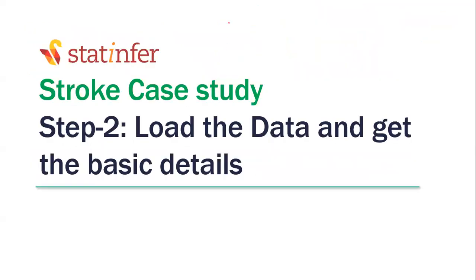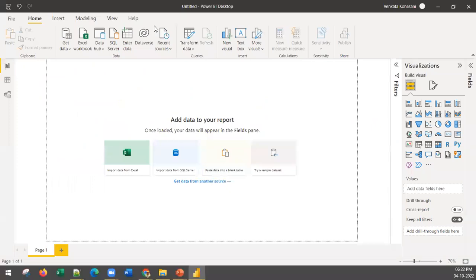Let us start by loading the data and getting the basic details of the data. Let us get an understanding of the data. In our session, I have given the dataset. First, let's load that data. Let me open the dataset for you. Where is our dataset? If you go to our class material, there is a folder called Power BI sessions data.